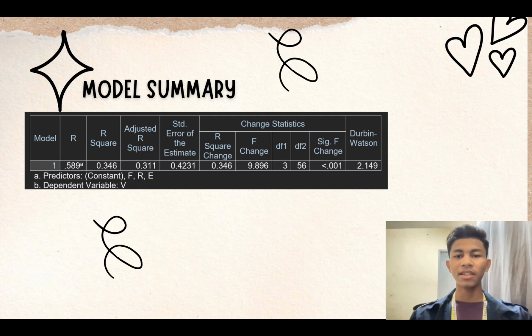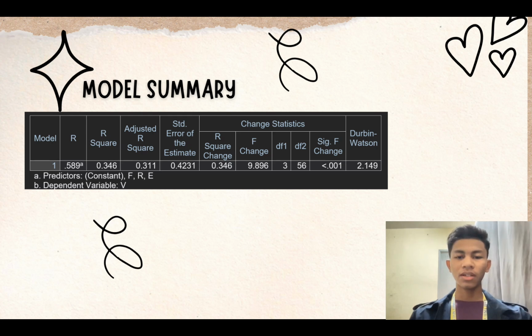R square change is 0.346. This shows the amount of variance in the dependent variable explained by the independent variables in this model. F change is 9.896. This is the F statistic for testing the significance of the model. A higher value generally suggests that the model is a good fit.